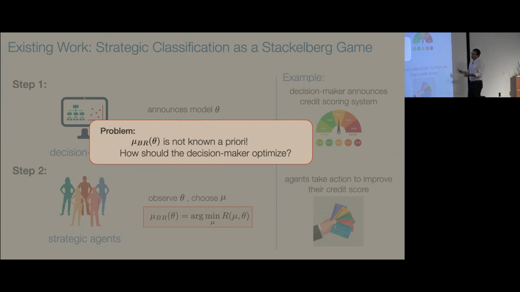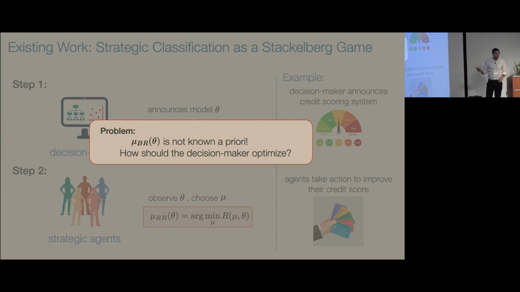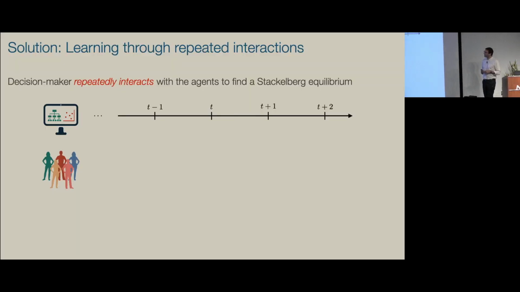The real problem in all of this literature is that this best response function is not really known. And so the question throughout all of this is how should the decision maker optimize, given that they don't know the exact utility, and they don't exactly know how people are best responding. So again, the general approach in strategic classification has been to learn through repeated interaction with an environment.